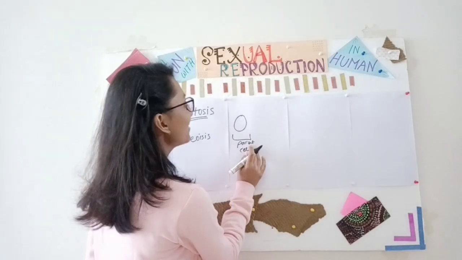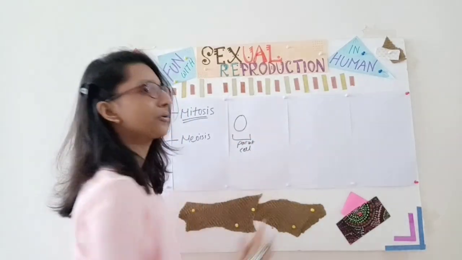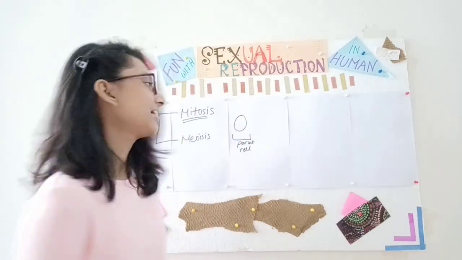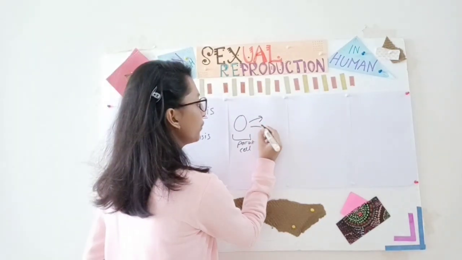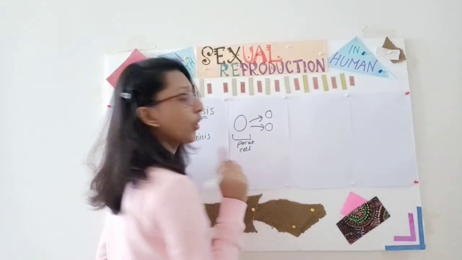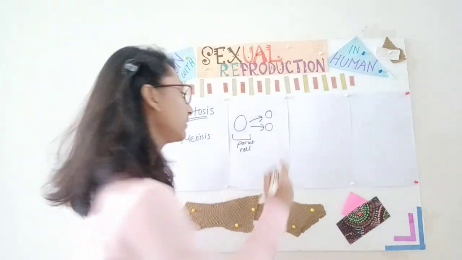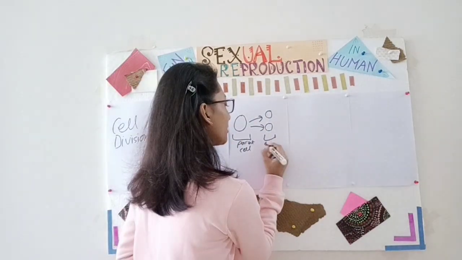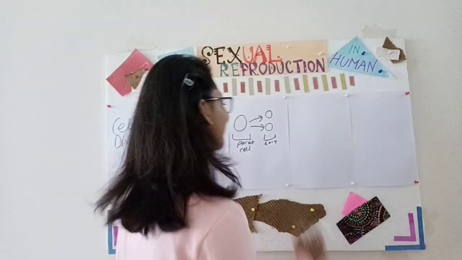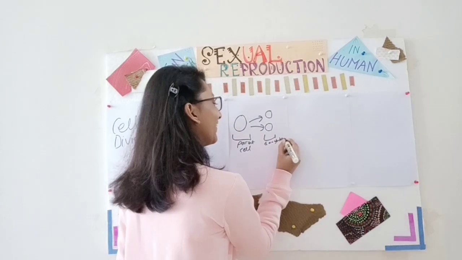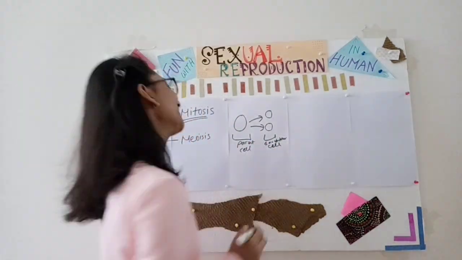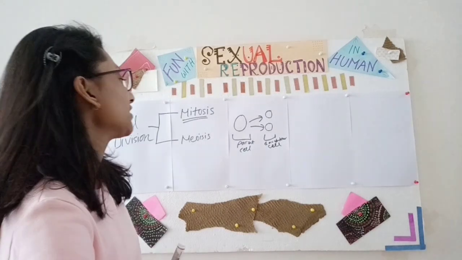Alright, so the parent cell, when reproducing through mitosis, will produce two identical daughter cells. The divided cells that are getting produced are called daughter cells. See, daughter cells. Not son cell, daughter cell.